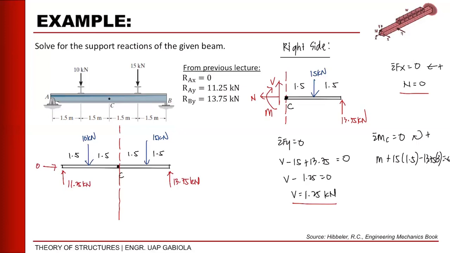Okay? So, M natin will be equals to 15 times 1.5 minus 13.75 times 3. It will be negative 18.75 kilonewton. Okay. Now, negative yung nakuha nating value. Ibig sabihin, yung assumption natin na pag ganun yung direction niya, na clockwise yung direction niya, is mali.